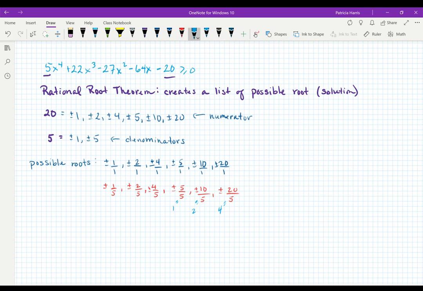Now you're going to look for solutions using the list of possibilities. How you're going to do that is when you plug in one of these numbers, if it is a solution, it's going to give you 0.